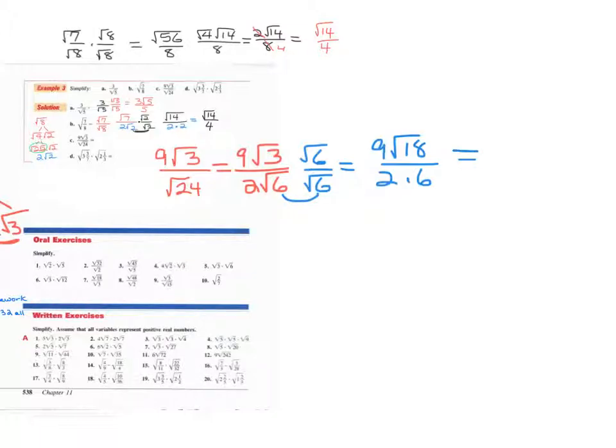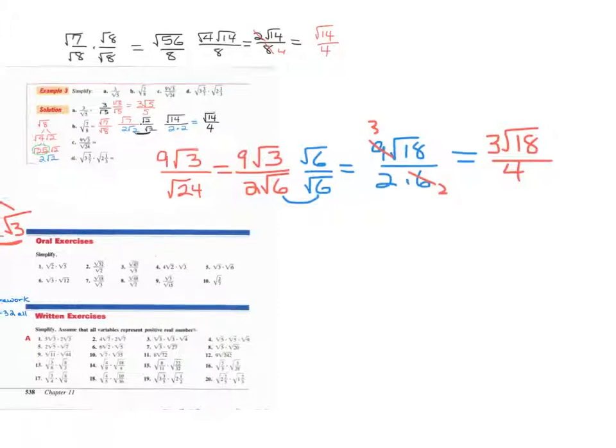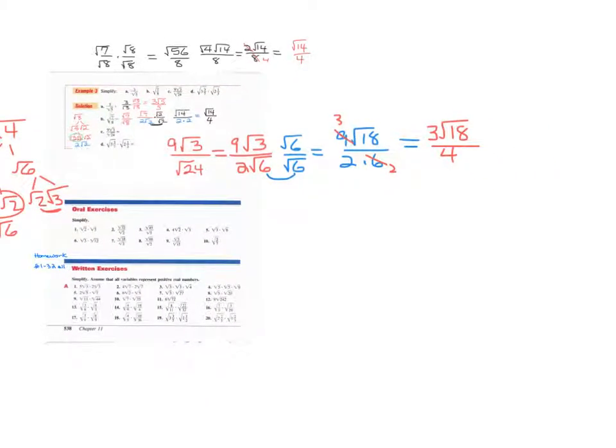Now, I could simplify before I multiply. Make this a 2, make this a 3. And then I'm left with 3 square root 18 over 4. Notice now I still have, hiding in my 18, a perfect square. So I have to simplify this. And then 3 times 3.